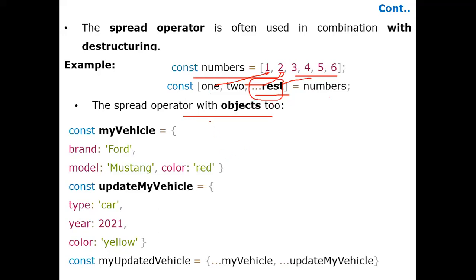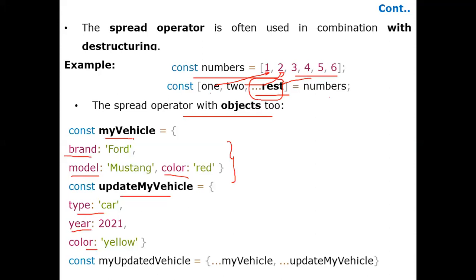Now coming to the spread operator with objects. Previously we talked about the spread operator with arrays; now we are talking about objects. I'm creating an object called myVehicle. Under that, we have three attributes: brand, model, color. Now we have one more object called updatedMyVehicle, with attributes type, year, color.